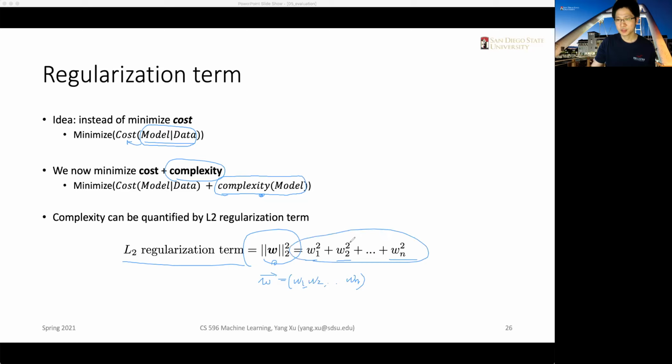This summation is the L2 regularization term, and it also represents how complex the model is. We assume that the larger the summation of squares, the more complex the model is. We don't want the model to be complex, which means we also want to minimize the L2 norm.